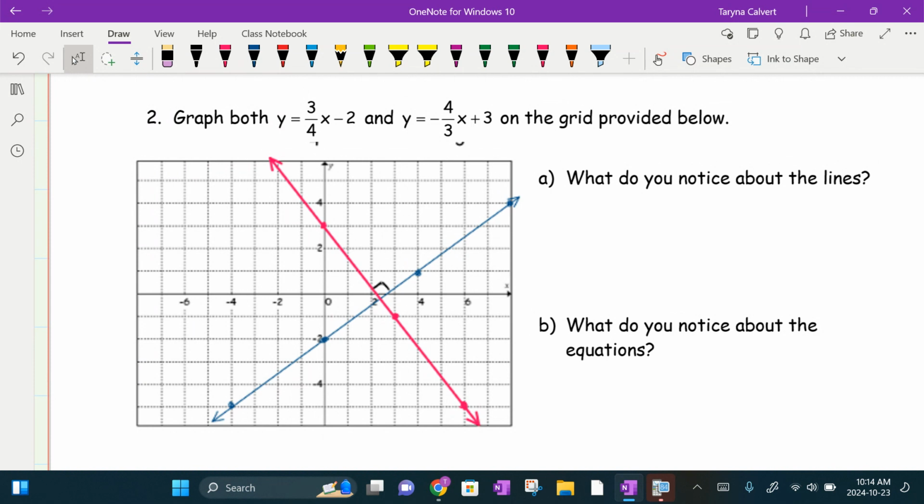Right, you did? Okay. I was going to say use a straight edge, but it was too late. Half of you were done already. But I promise you, if you used a straight edge and connected the dots perfectly and took a protractor and measured the angle where they cross, it would be a 90-degree angle.